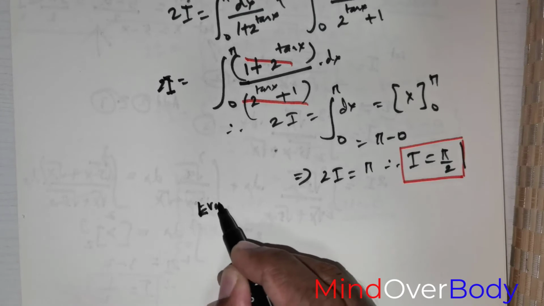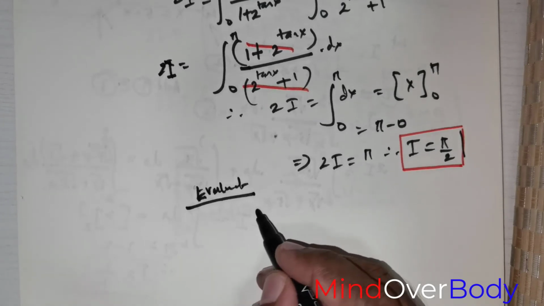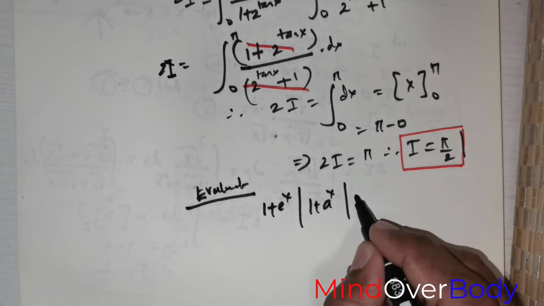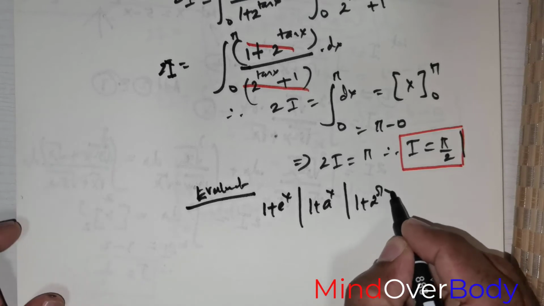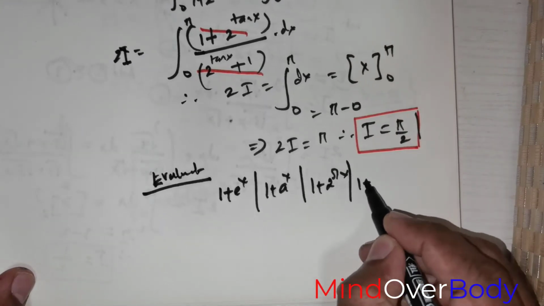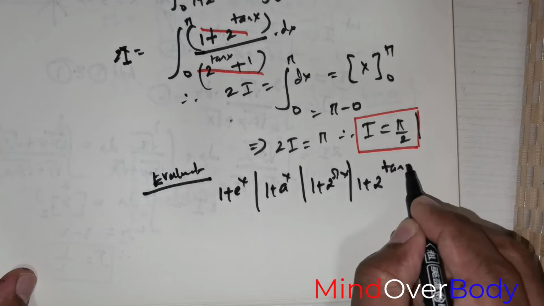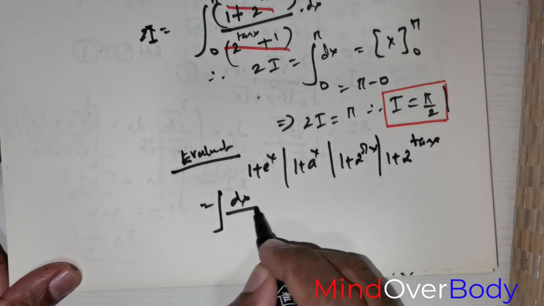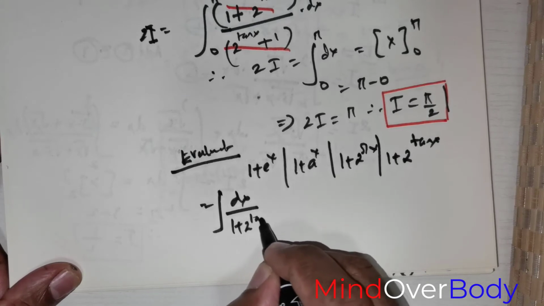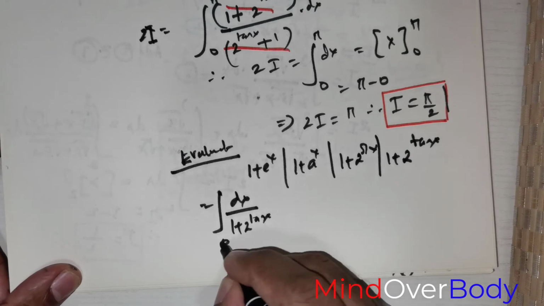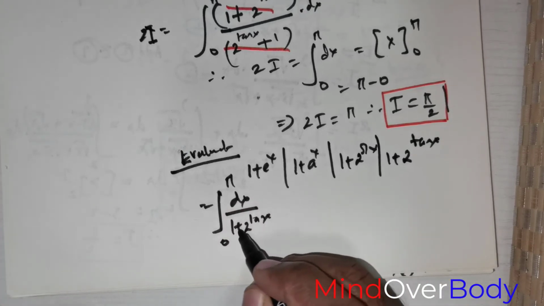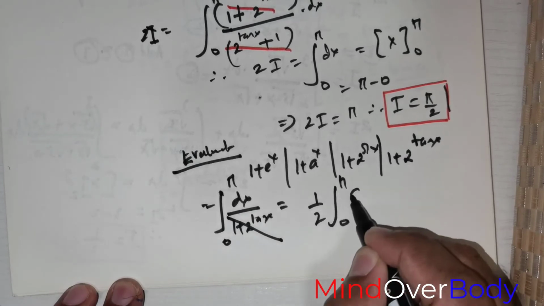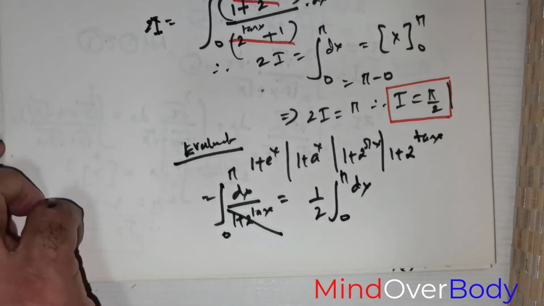Whenever they give you a question with either 1 plus e raised to the power of x or 1 plus a raised to the power of x, or 1 plus 2 raised to the power of sin x, or 1 plus 2 raised to the power of tan x, featured in the denominator like this, integral dx over 1 plus 2 raised to the power of tan x, limits 0 to pi, you can directly get rid of this as a shortcut and then rewrite this as 1 over 2 integral 0 to pi dx, right?